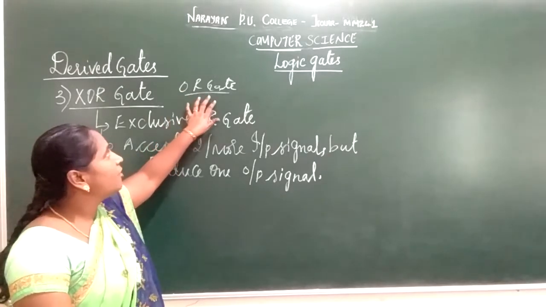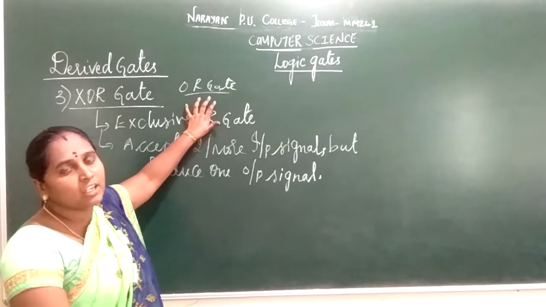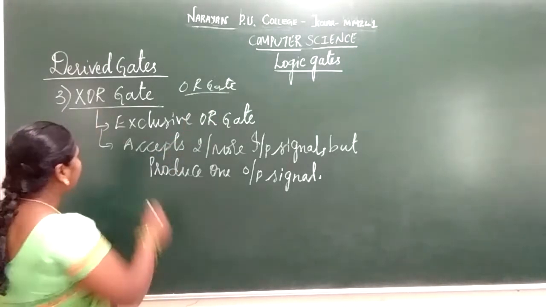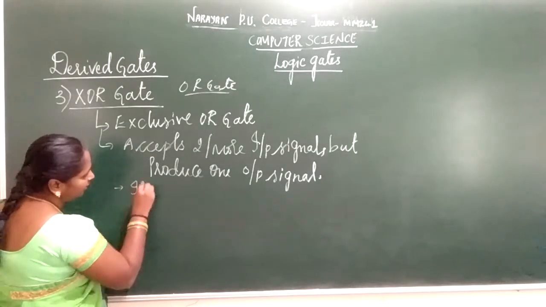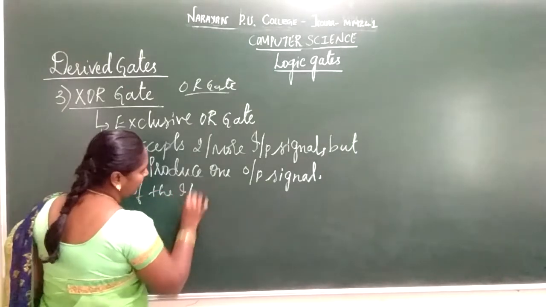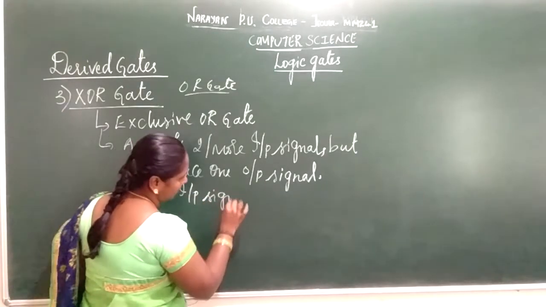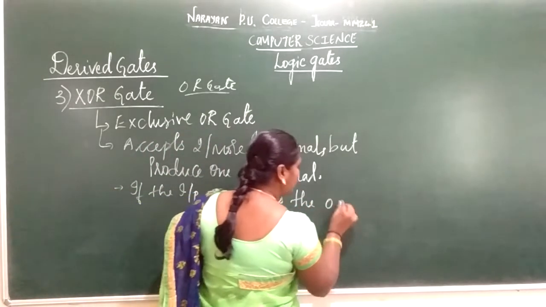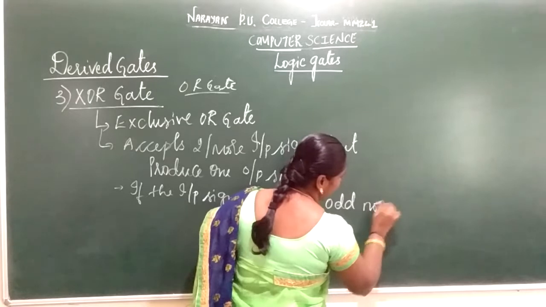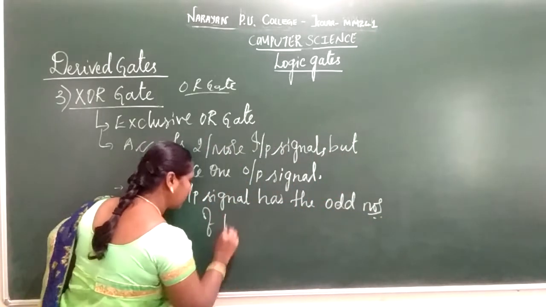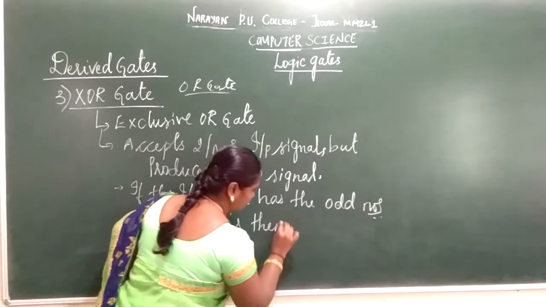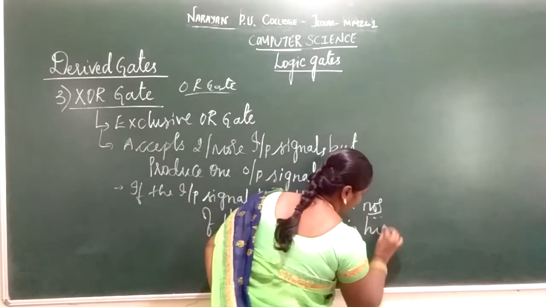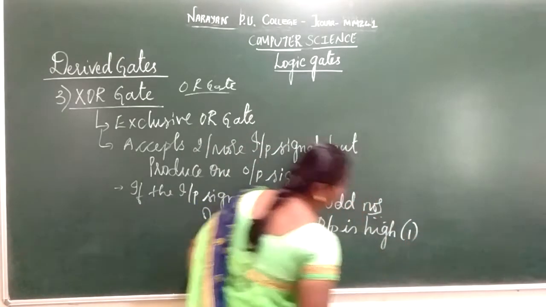But in the exclusive OR gate, if the input signal has an odd number of ones, then the output is high, or 1.